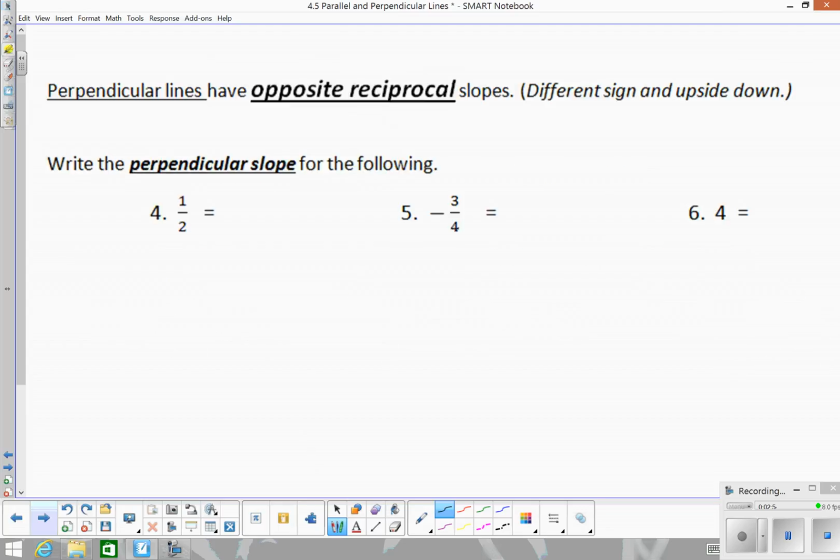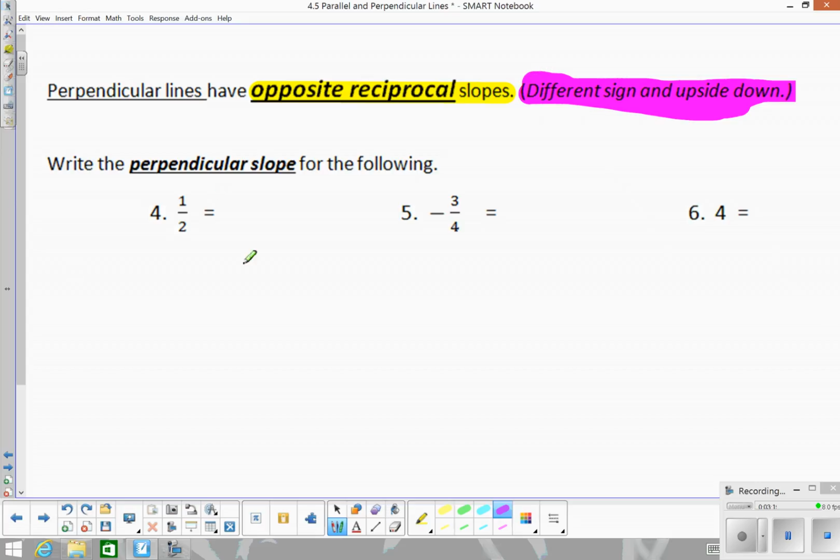Good. Now, if I'm talking about something that's perpendicular, we discovered that they have opposite reciprocal slopes. The word opposite just means opposite sign. Reciprocal just means flip the fraction. So like I said, it is different sign and upside down fraction.